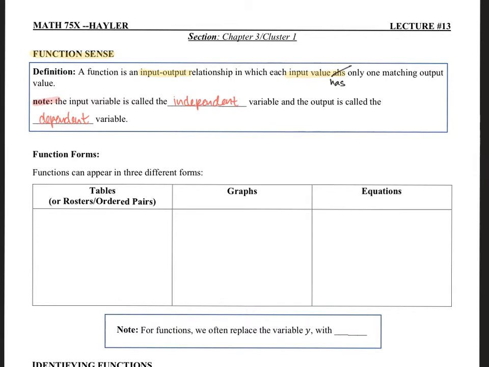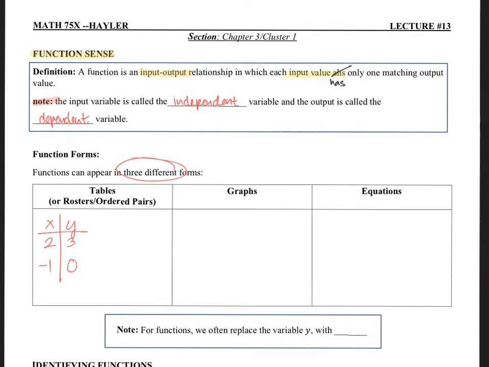Alright, so function forms. Functions can appear in three different forms. The first form that you would find are tables, or also just rosters or ordered pairs. For example, for a table, you might have x, y, a 2 value for the x and a 3 value for the y, or maybe a -1 value for the x and a 0 value for the y.